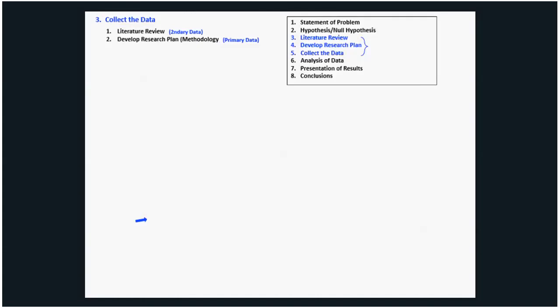So where does this fall in? We said the first step is the statement of the problem. The second step is the hypothesis or null hypothesis. There are individuals who will group these three things, your literature review, developing your plan, and then collecting the data, into just one step: collect the data.